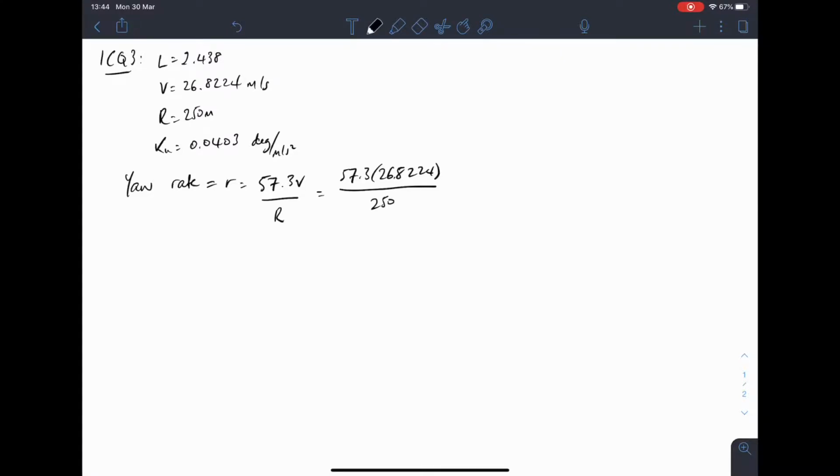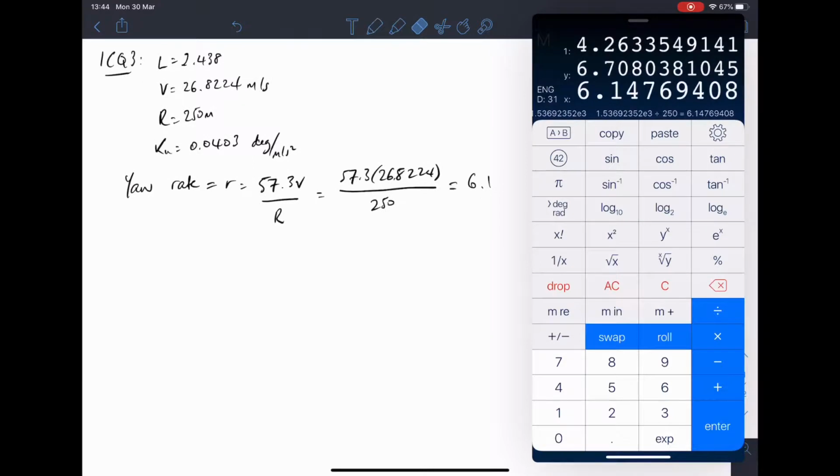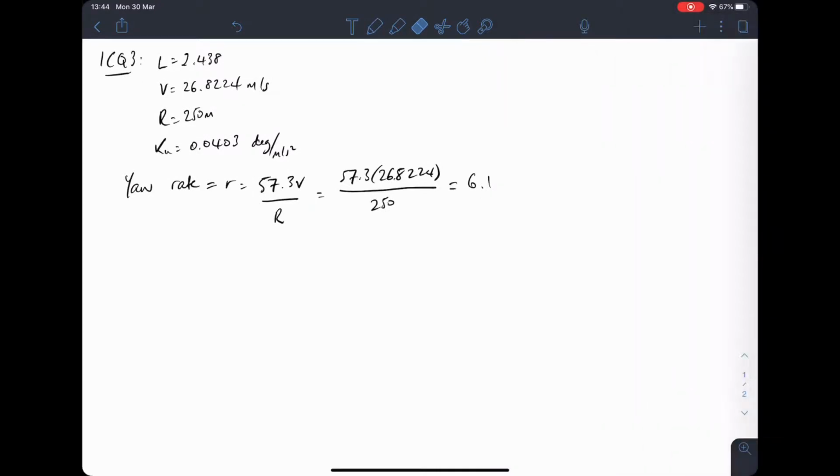Again, a simple sum: 57.3, 26.8224, divided by 250, gives 6.148 degrees per second. So that's your yaw rate. Next, the yaw velocity gain.